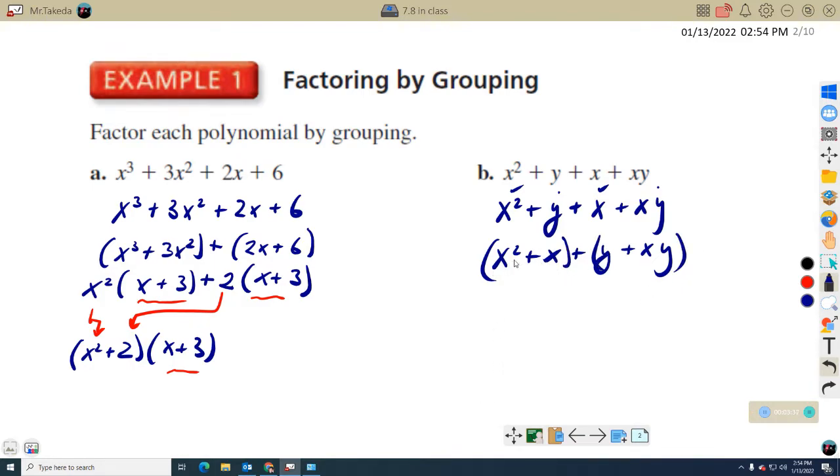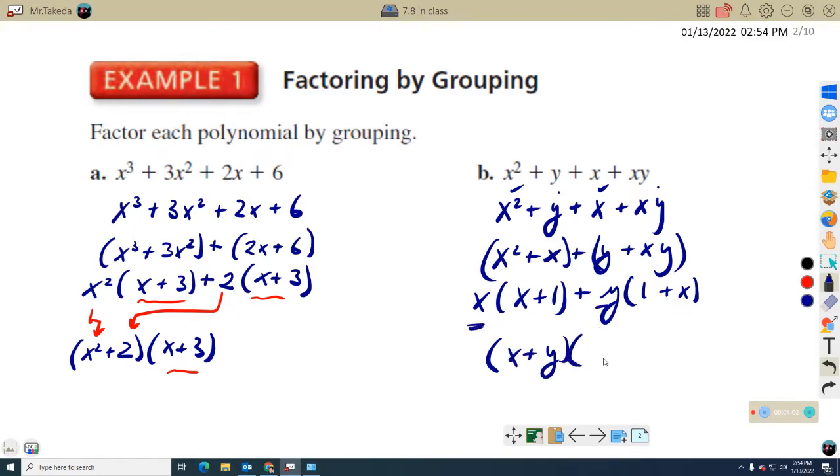My common factor for x squared and x is x, and that's going to leave x plus 1. For y and xy, the common factor is y, and that's going to leave 1 plus x, which is the same. These are actually the same. So my factorization here will be x plus y, that's these things, times x plus 1. There you go.